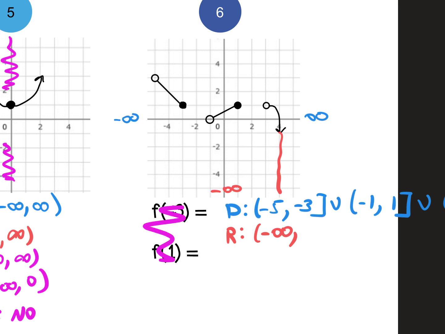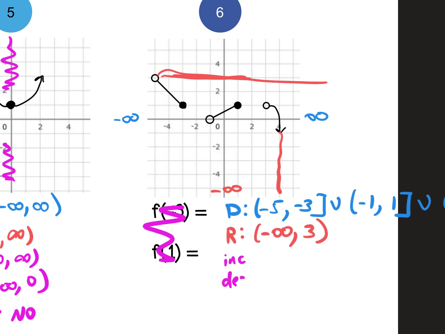Because range is from bottom to top, low to high. So it's negative infinity all the way up to? It's the highest that any piece of this graph goes. No, not positive infinity. What's the highest it goes? Just 3. Does it include 3 or no? No.